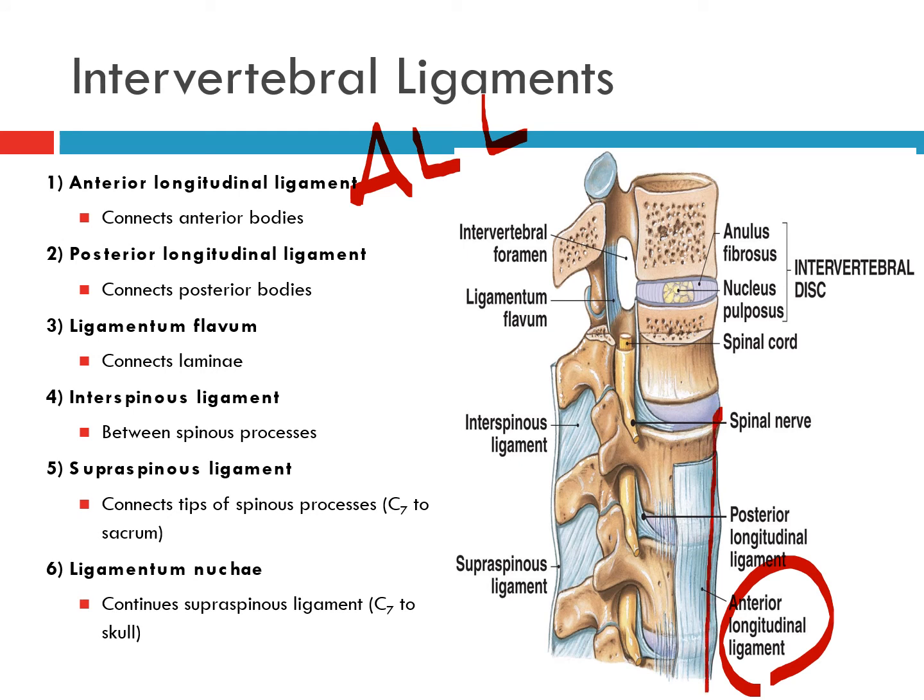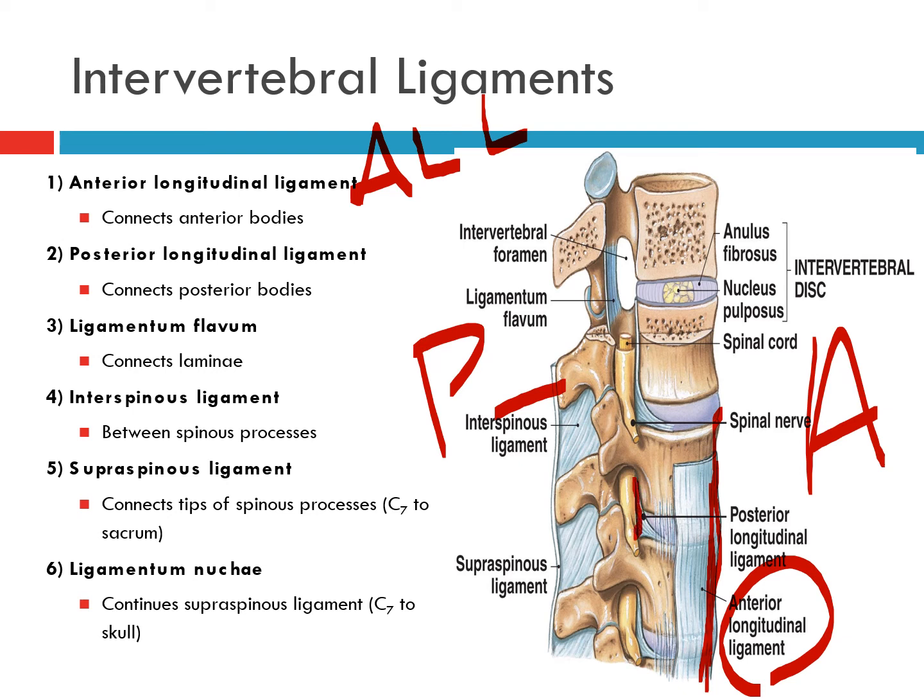If we're looking at this, this is anterior and this is posterior, right? Because we have the spinous processes in the back. So the anterior longitudinal ligament is on the anterior side of the vertebral bodies, and it's running all the way up the spine. The posterior longitudinal ligament is back here.